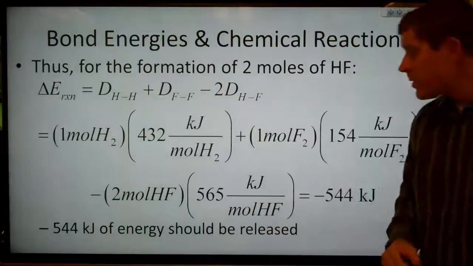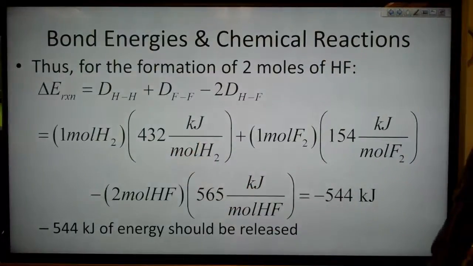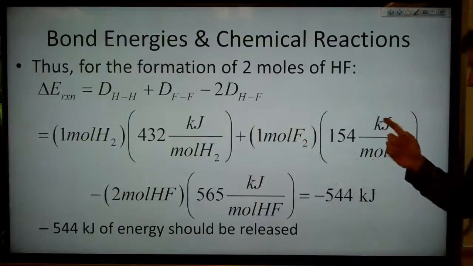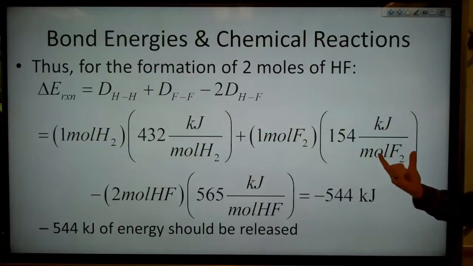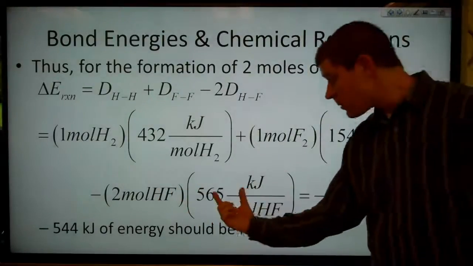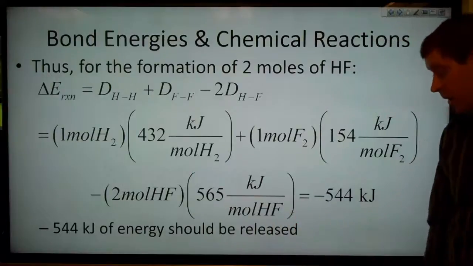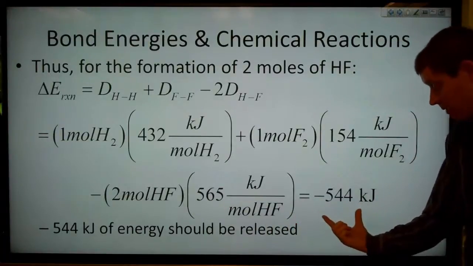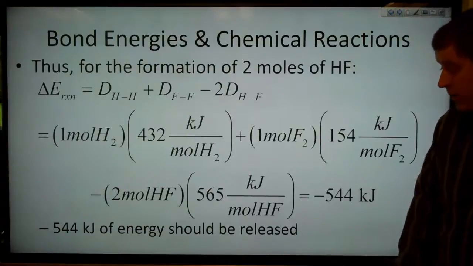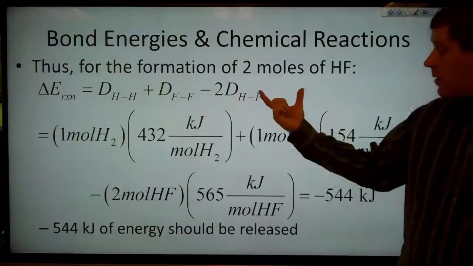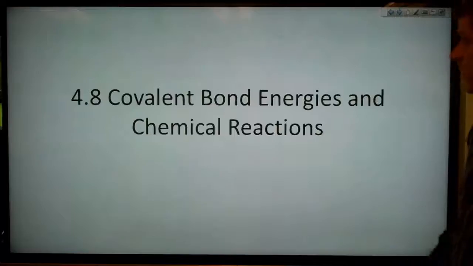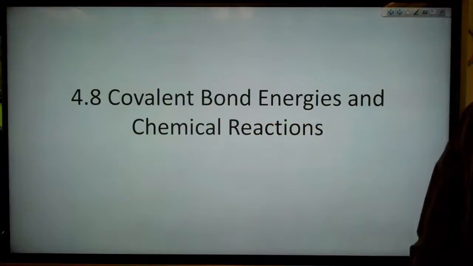So we have 1 mole of hydrogen times the bond energy for hydrogen, 432 kilojoules per mole, plus 1 mole of fluorine times the bond energy there, 154 kilojoules per mole, minus 2 moles of hydrogen fluoride times 565 kilojoules per mole of hydrogen fluoride. That gives us minus 544 kilojoules. So we should get out 544 kilojoules of energy if we create 2 moles of hydrogen fluoride. So that was covalent bond energies and chemical reactions.